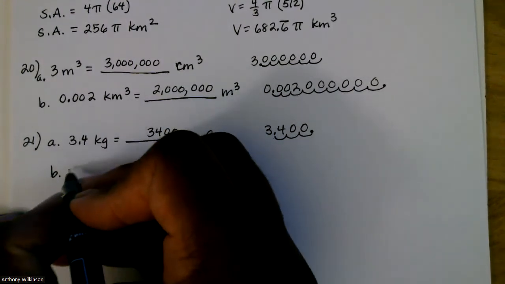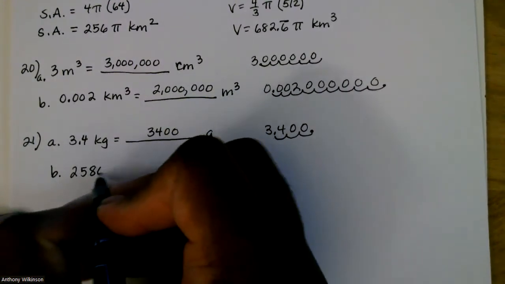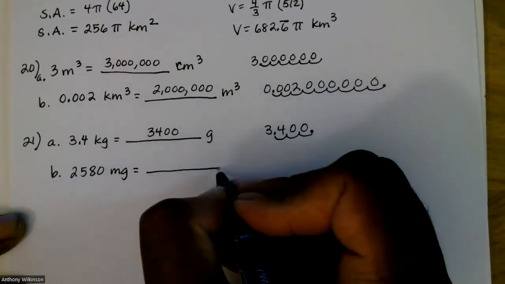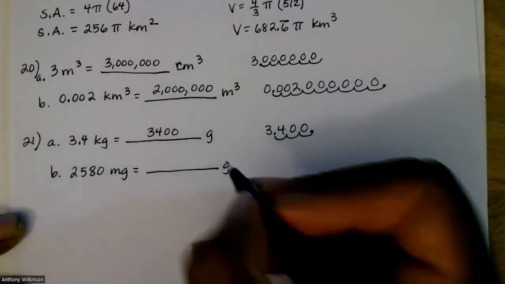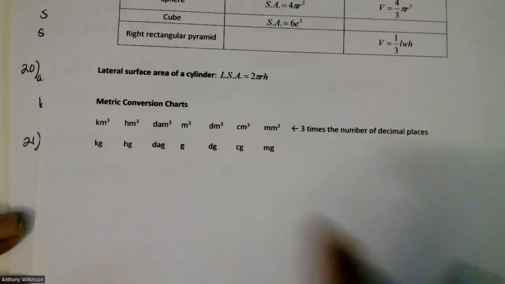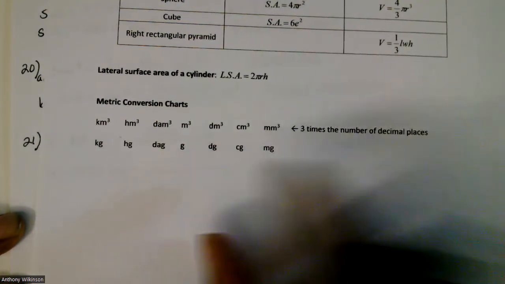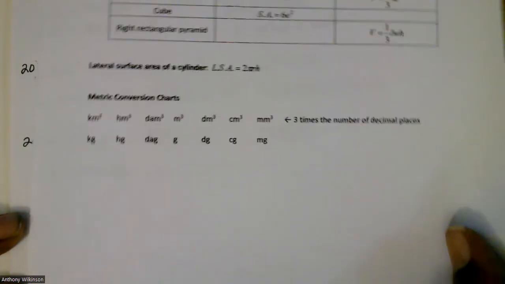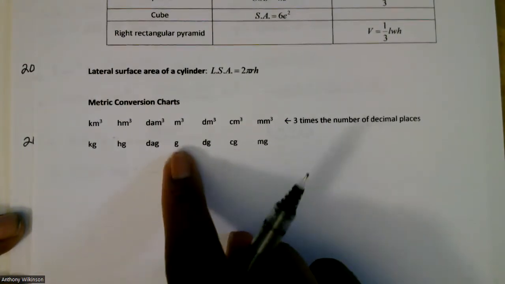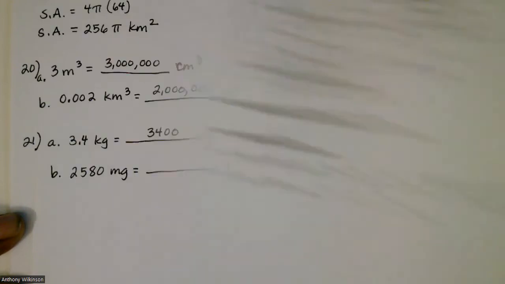Part B, 2,580 milligrams is equal to how many grams? Using that table, we're going from milligrams to grams. That means I have to go 1, 2, 3 places to the left.